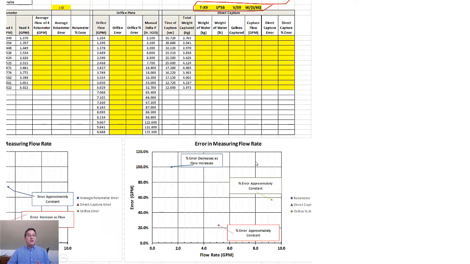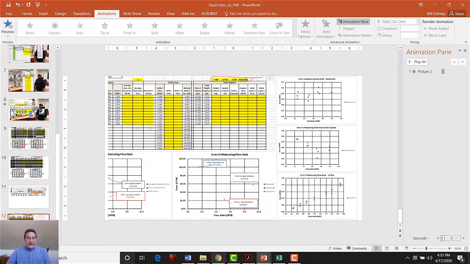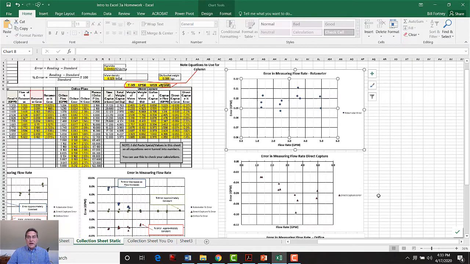Then you're also going to graph just the error for the rotometer, the error for the orifice plate, and the error for direct capture. So that's these three graphs down here. And if you look in the spreadsheet that you've got, under the static, those graphs are in here for you to go and look at.